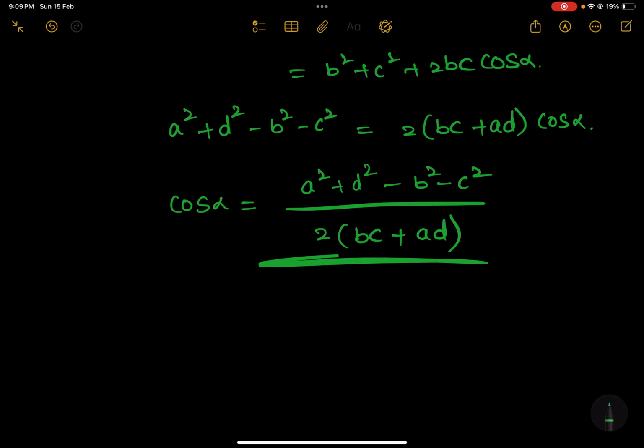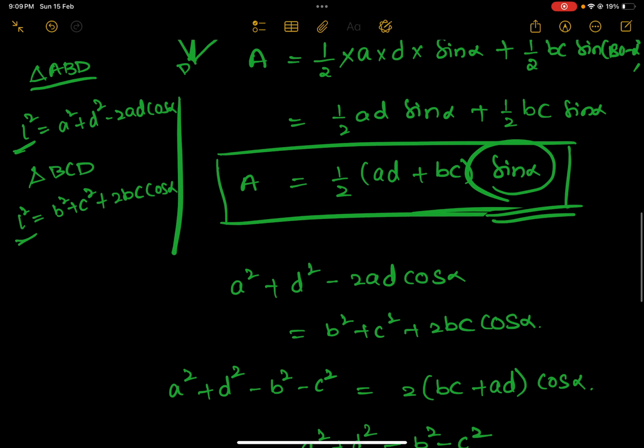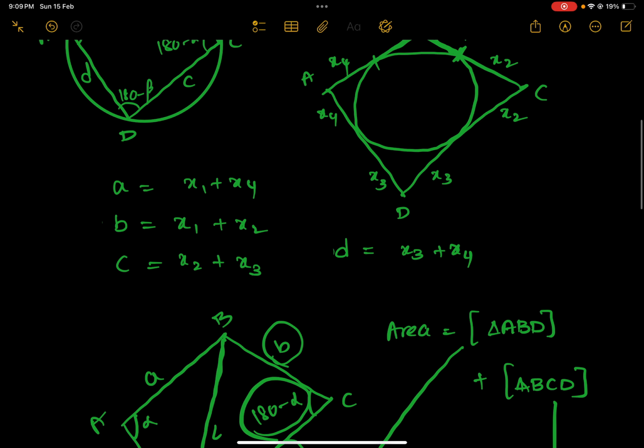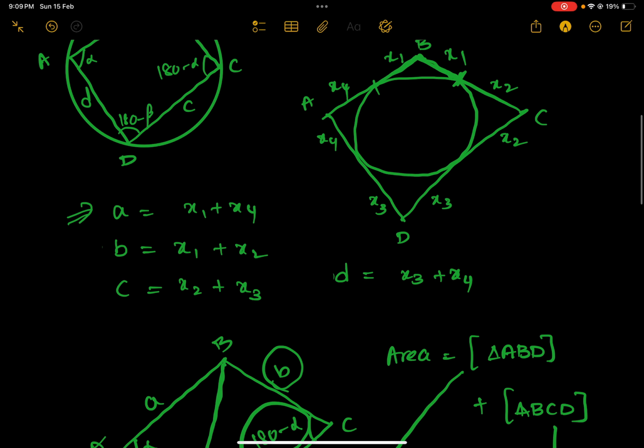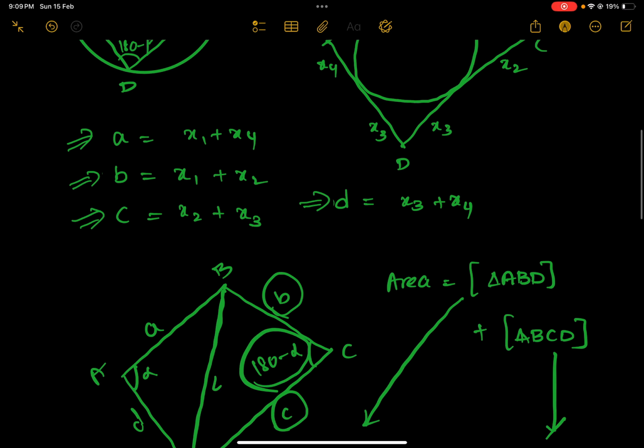So now let us pause at this moment and go to the beginning of this solution. So here we wrote all these things. A is equal to x1 plus x4, B is equal to x1 plus x2, C is equal to x2 plus x3, D is equal to x3 plus x4. Now if you check A plus C, you will get x1 plus x2 plus x3 plus x4.